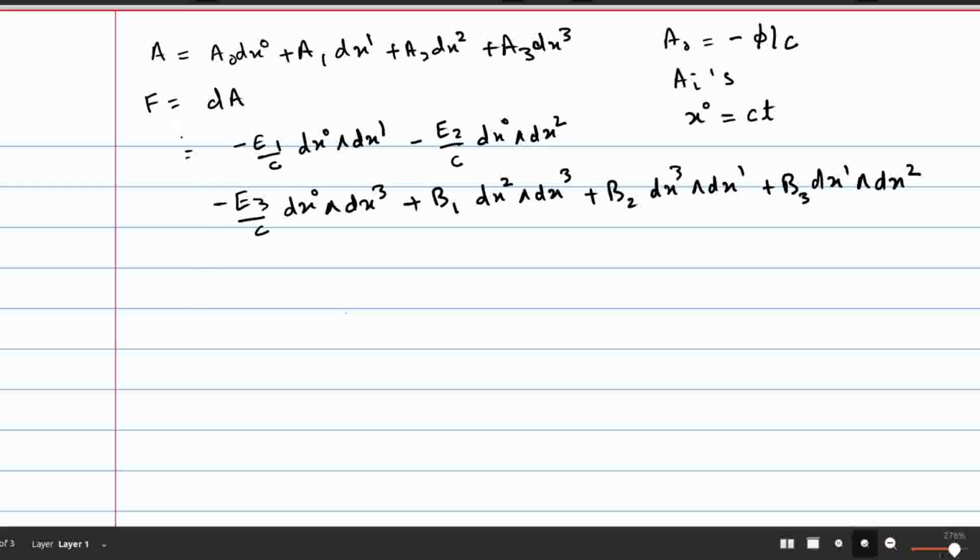So the components of F, we denoted them as F mu nu and expressed them as a matrix.